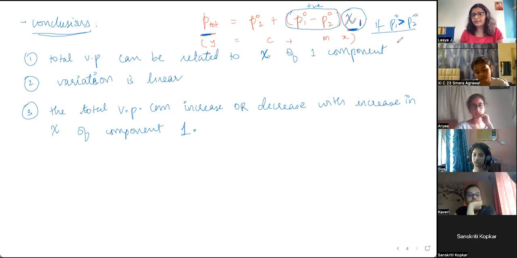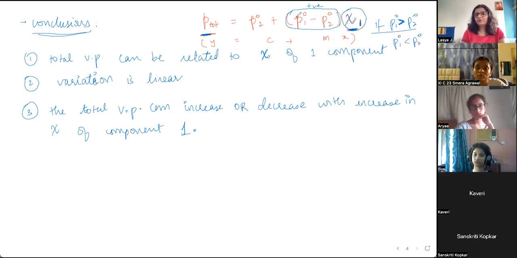But if it's the other way around, if P1 naught is less than P2 naught, what will happen to this difference? Negative. Negative हो जाएगा. So if I keep increasing the concentration of component 1, minus of something into that concentration, तो ये पूरा term will keep decreasing, which means that P total will keep decreasing.